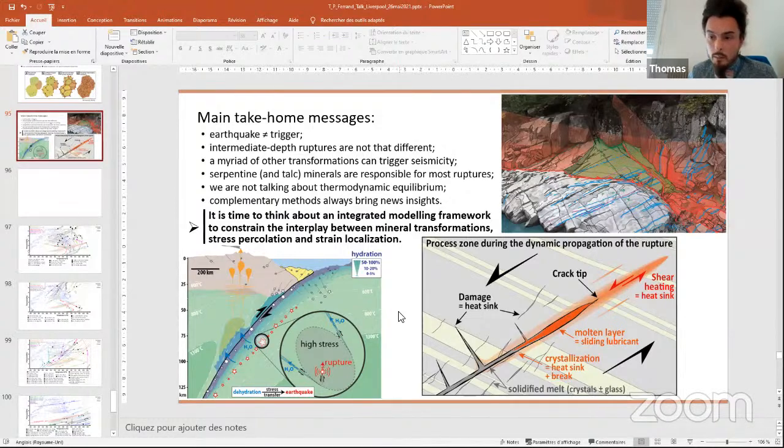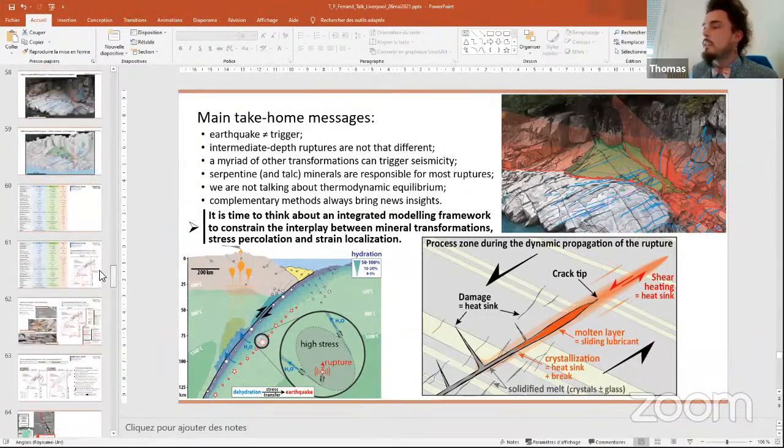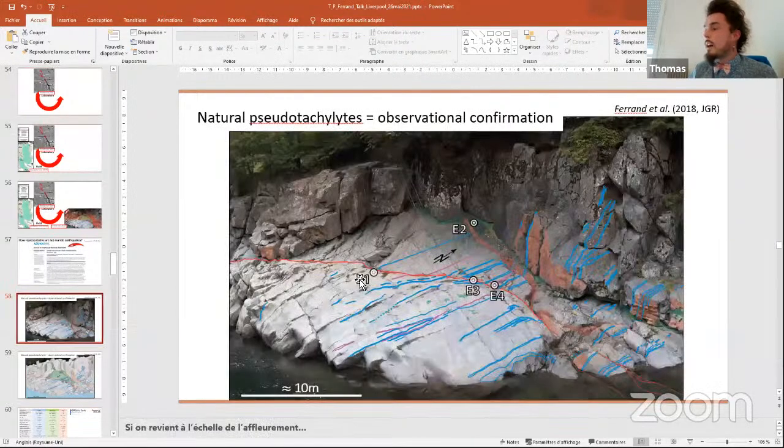And I found in Balmuccia, in the fault, in the magnitude 6 fossilized earthquake, injection veins with chemical gradients and very beautiful olivine and pyroxene.